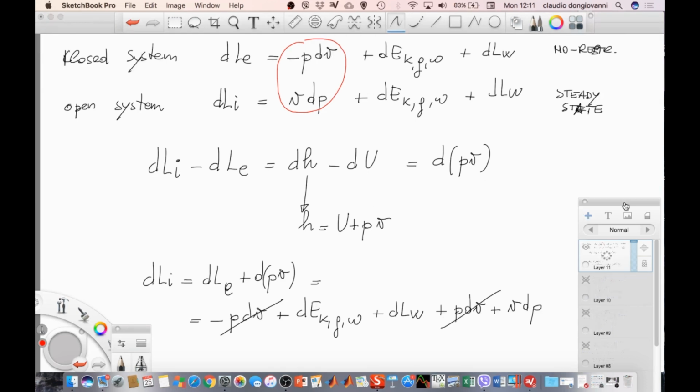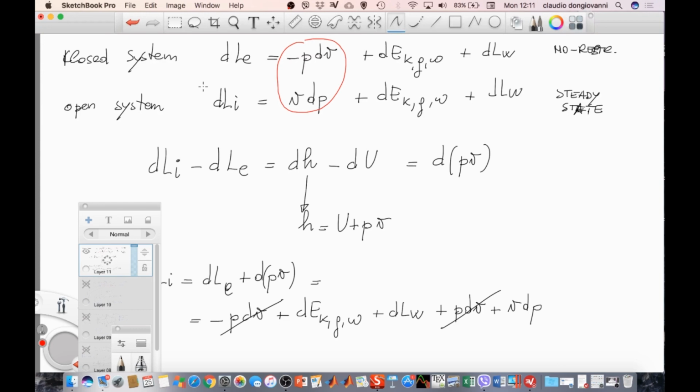And now we have all the relationships we need in order to perform our calculation. First law of thermodynamics: the relationship for closed system, also called the Lagrangian form, will be used in positive displacement machines.